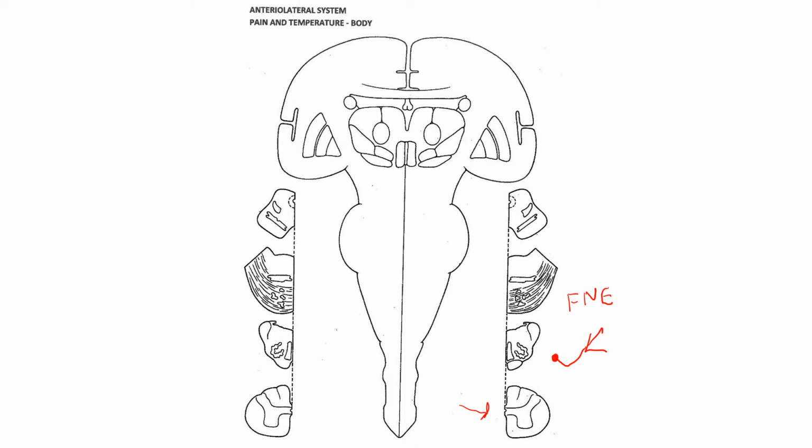And these pseudo-unipolar neurons are going to have their cell bodies in the dorsal root ganglion. If this is fast pain, these neurons are going to come into the spinal cord dorsal horn, where they will synapse in laminas 1, 4, and 5. So we're just going to show that coming in here.